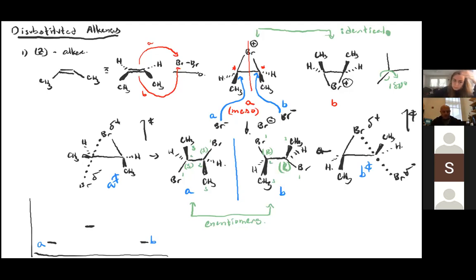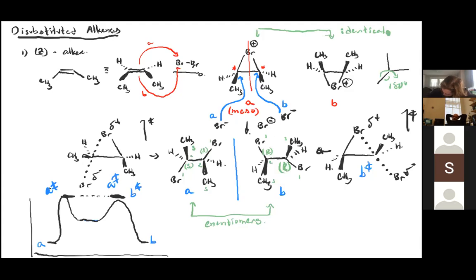And then the transition states would be up here and up here. And so this is A double dagger, and this is B double dagger, and they're enantiomers, right? And so their energies are identical.